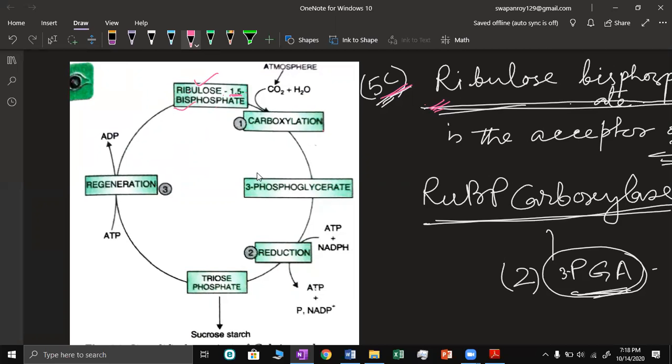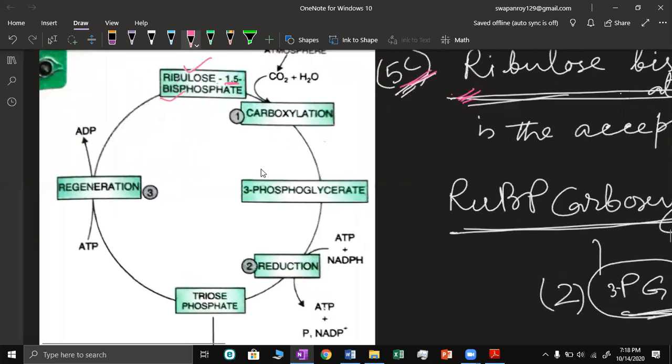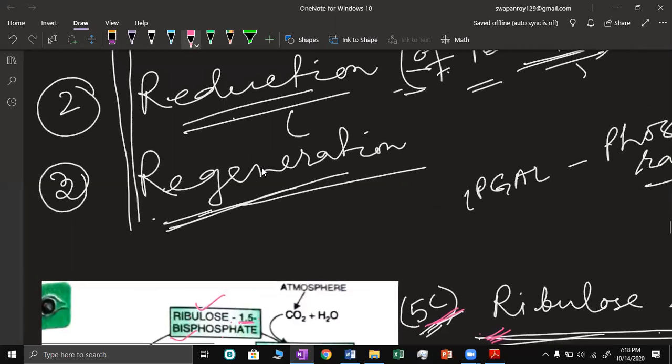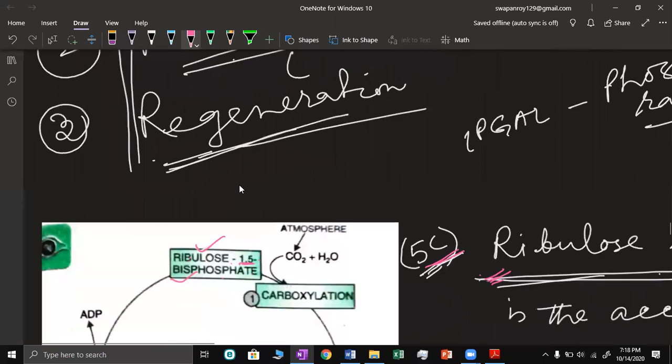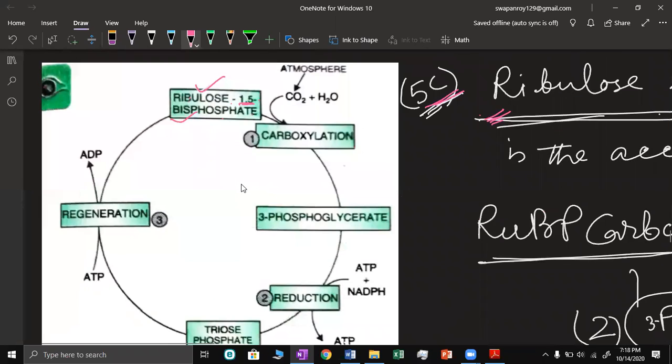This ribulose 1,5 bisphosphate absorbs carbon dioxide. Carbon dioxide is not alone, it takes carbon dioxide plus water from the atmosphere, and there is carboxylation.